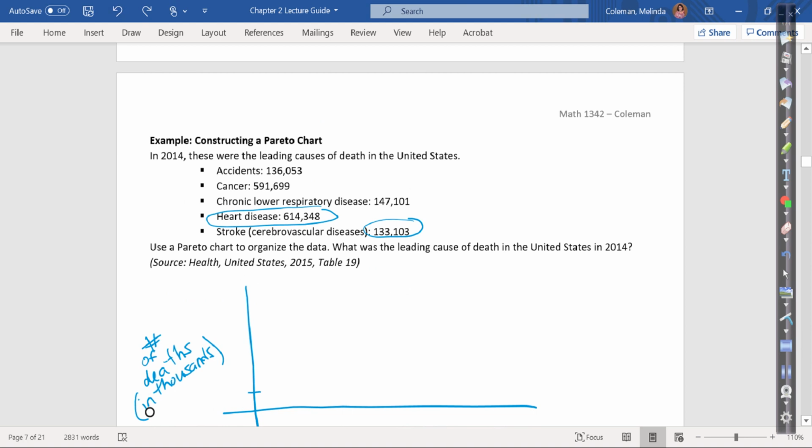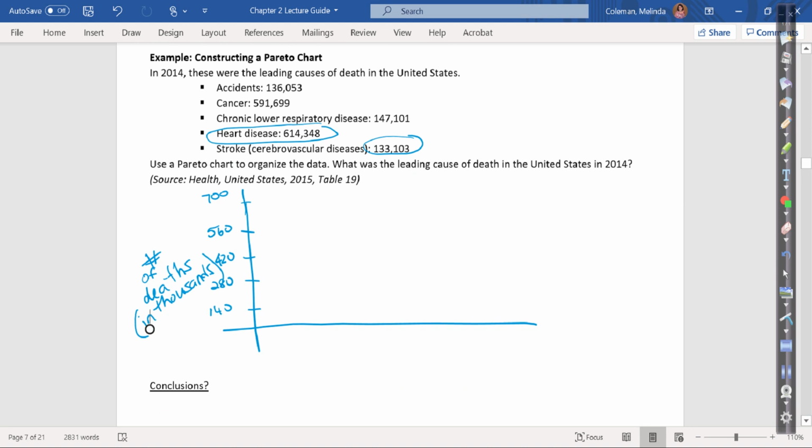So let's make this one 140, 280, 420, 560, and then 700. So my first bar has to go all the way up to 614,000.